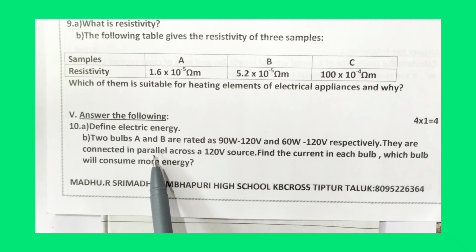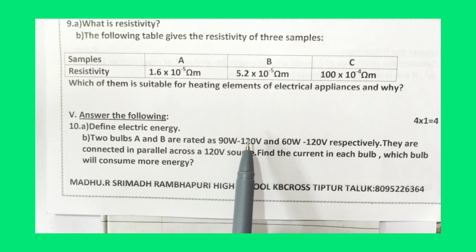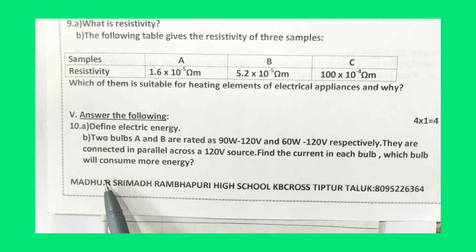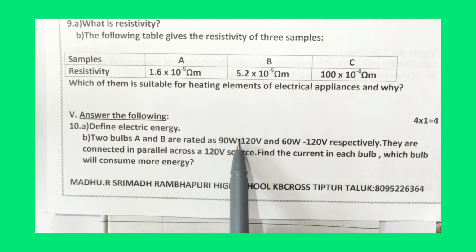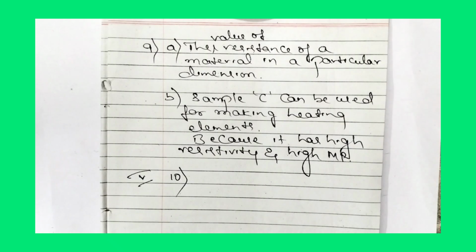Since they are connected in parallel, the current will be divided. Let us calculate the current through bulb A and through bulb B. And we have to decide which consumes more energy. By seeing this alone we can tell that since its power is more, it consumes more energy. Let us calculate now.